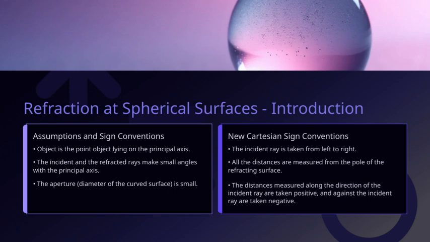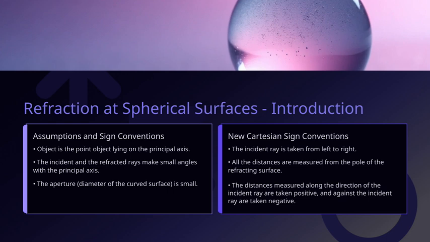This is crucial because it justifies the use of the small angle approximation, making calculations more manageable. Finally, when we refer to the object in this context, we usually consider it as a point object lying directly on the principal axis. This assumption helps us focus on the core principles without unnecessary complexity.